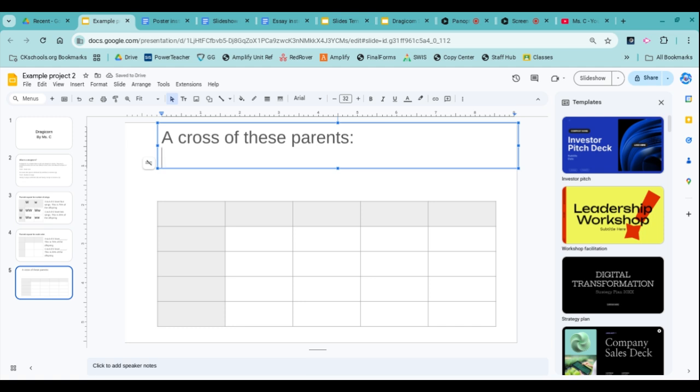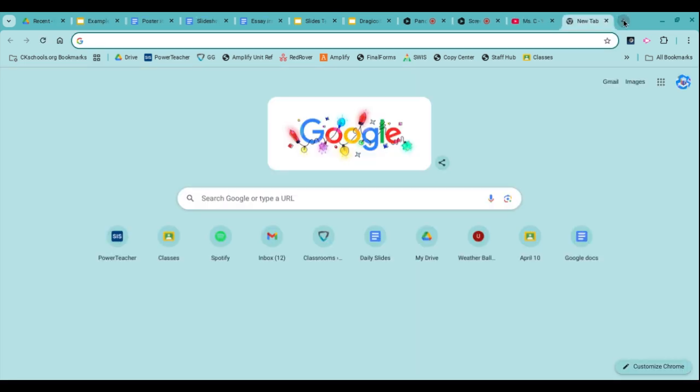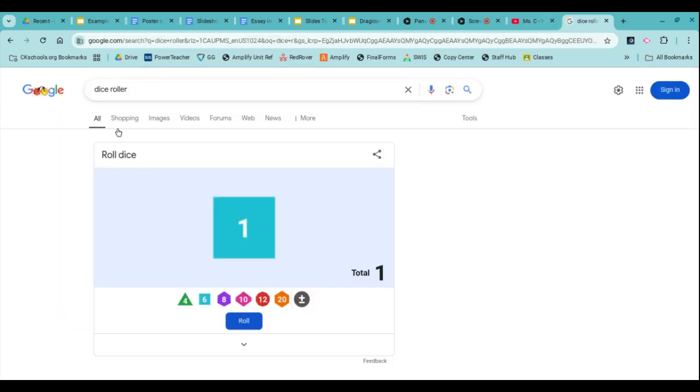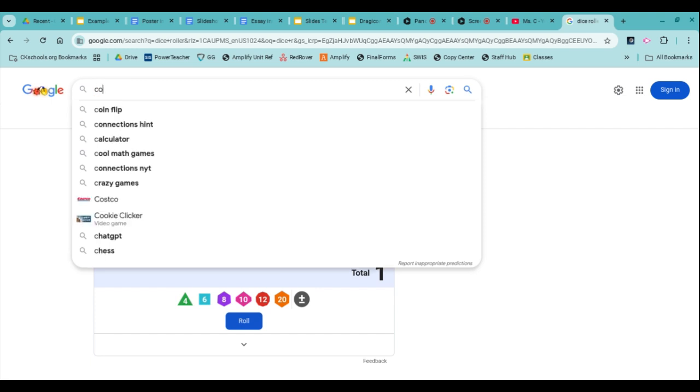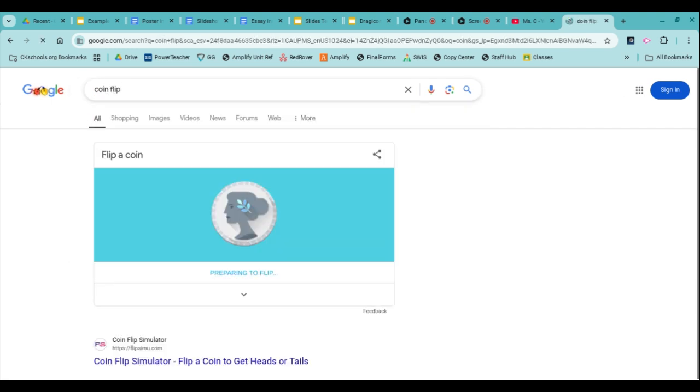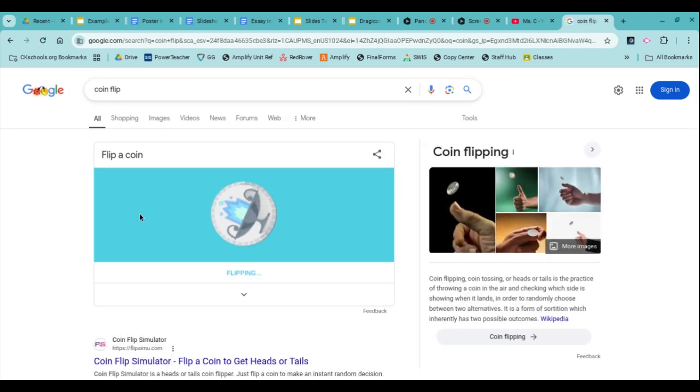The parents that I'm going to be generating are going to need 4 different alleles, and I'm going to randomize them using the dice roller, or actually you could even just use the coin flip. I'm going to use heads for dominant and tails for recessive each time.